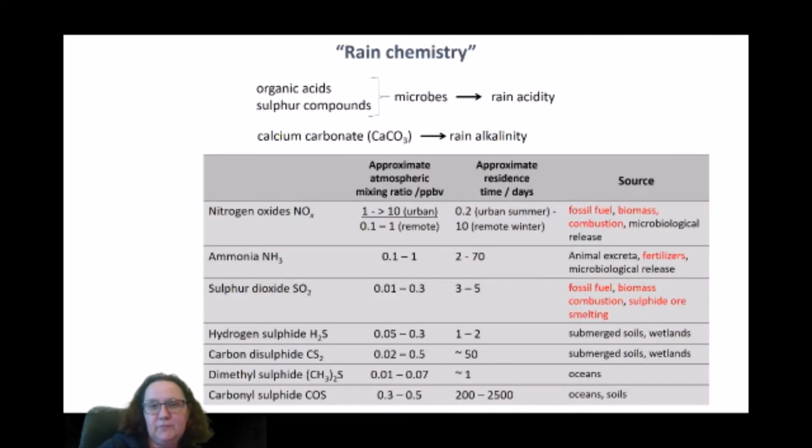Rain chemistry. What sort of chemicals do you have in rain, and are they acidic or basic? Well, most of the compounds you can find in rain have an acidic character.